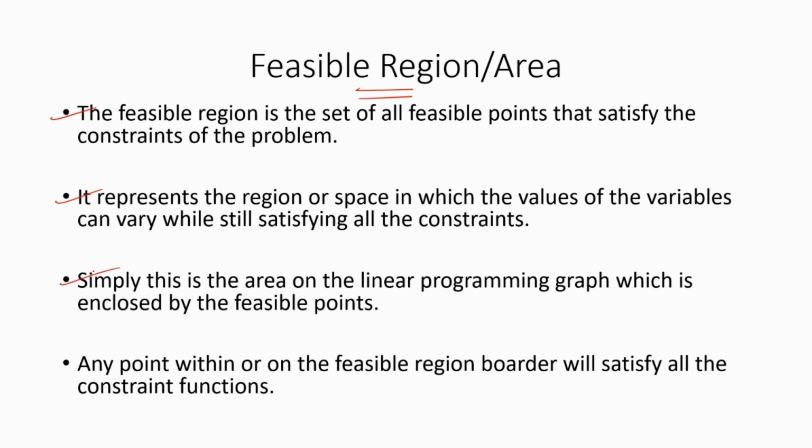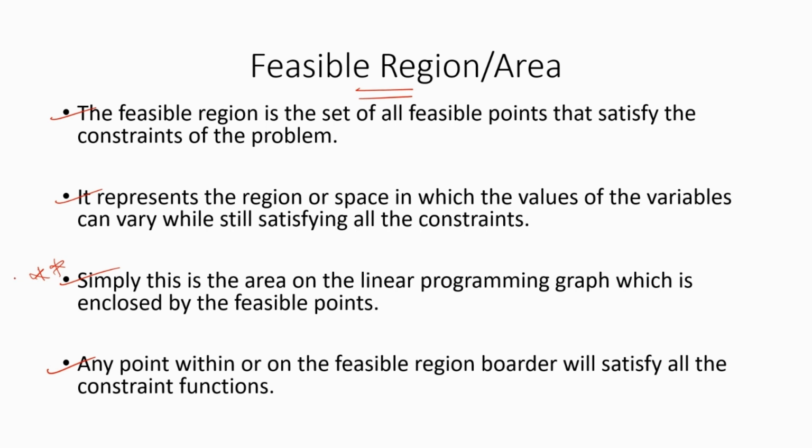Simply, this is the area on the linear programming graph which is enclosed by the feasible points. Any point within or on the feasible region border will satisfy all the constraint functions. This is the important point when it comes to identifying the feasible region. This is the area on the linear programming graph which is enclosed by the feasible points.